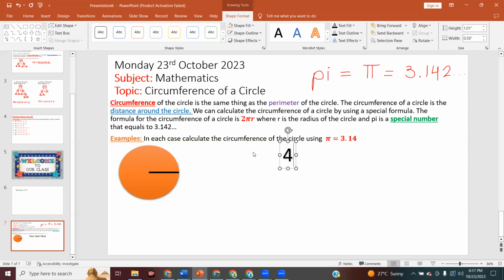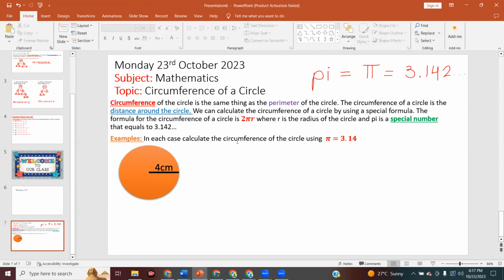So let's say that your radius is 4 centimeters. And so you need to find the circumference of the circle. Class, what is it?